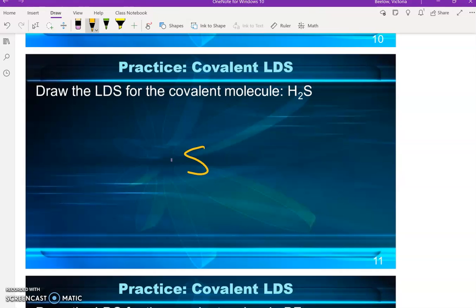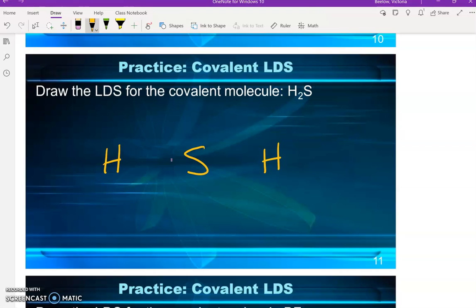And then the other elements you want to put around it, especially hydrogens. Hydrogens are always going to be around the central atom, because hydrogens will only form 1 covalent bond. So since there are 2 hydrogens, I'm going to put 1 on either side so that it's symmetrical.